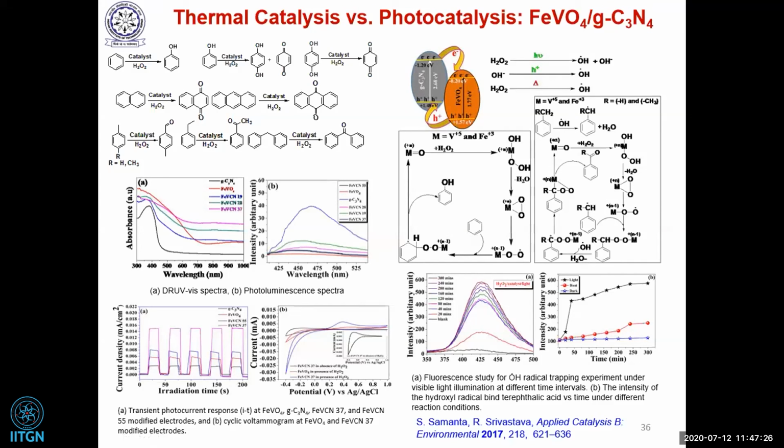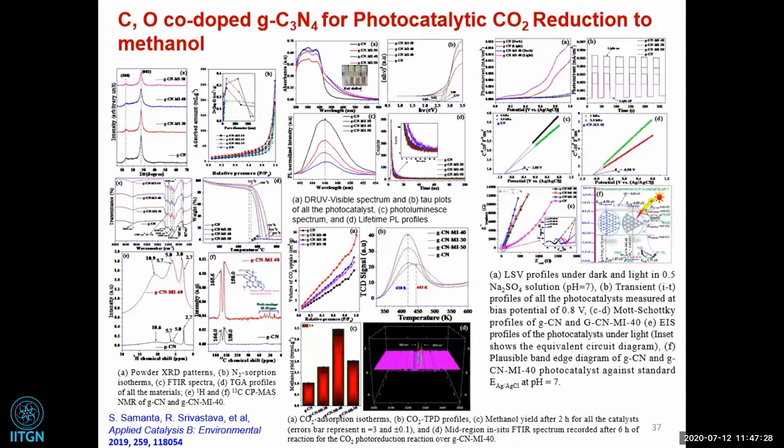And the final one is what we have done very recently. Just yesterday, Professor Subramaniam also mentioned that one can dope different materials to tune the band gap. So we have done photocatalytic CO2 reduction over C3N4. C3N4 has the band gap to reduce CO2 to give you methanol. But what we have done is tune the band gap by doping carbon and oxygen through 2-methylimidazole.